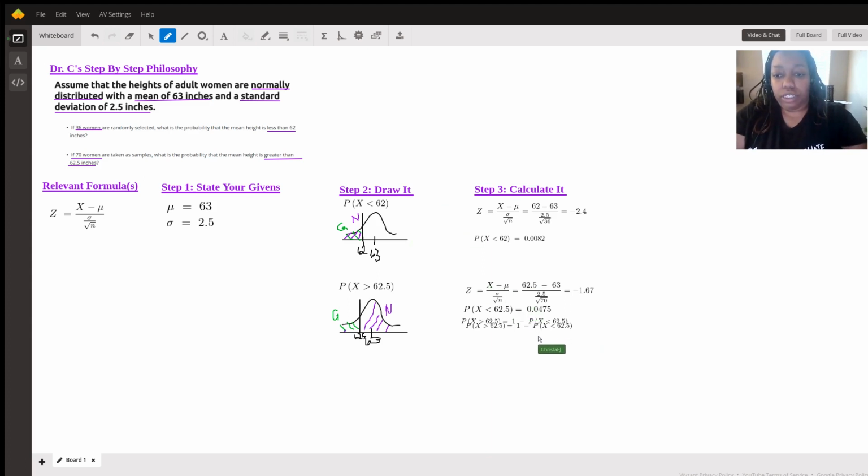Which in this case is 1 minus 0.0475. And if we subtract that together, that essentially gives us 0.9525.